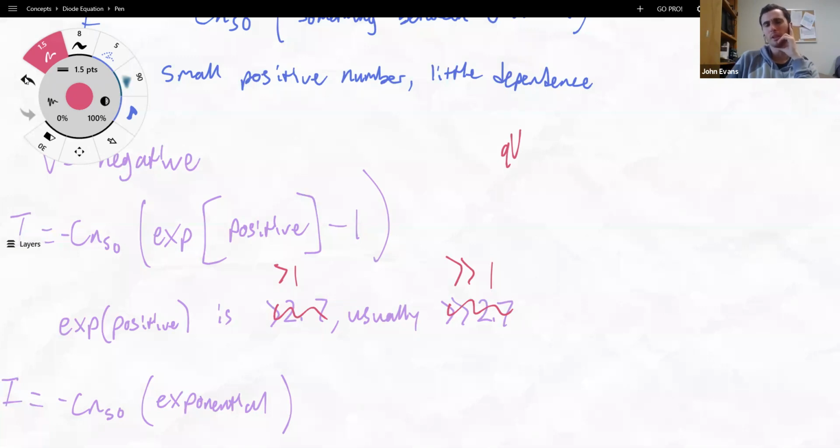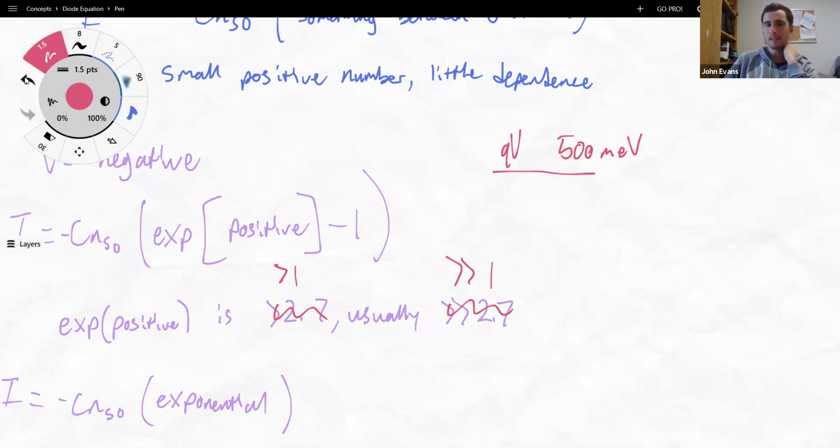So what's the typical applied voltage for a semiconductor? Generally, we go up to a volt. So let's say half a volt, 500 millivolts. So 500 milli-electron volts is a typical number that we might apply to a semiconductor.